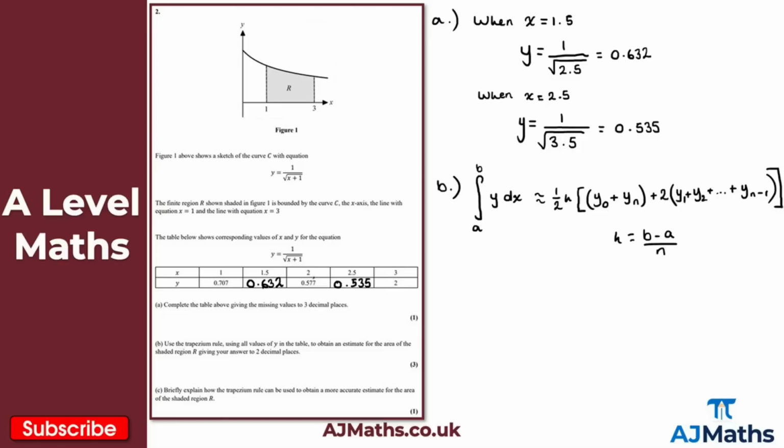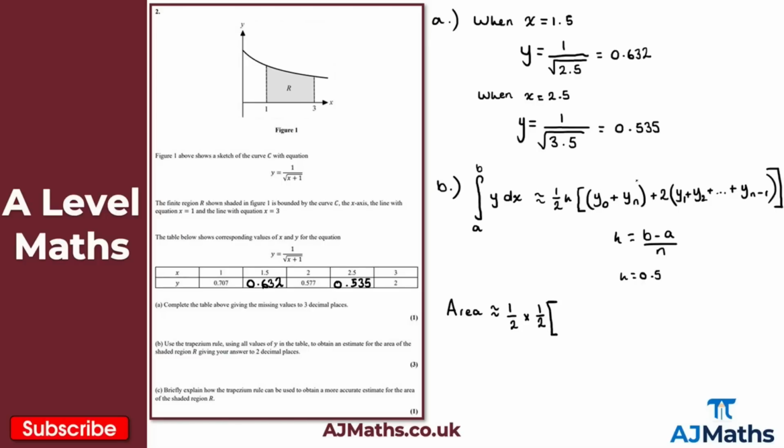We're increasing by 0.5 each time. Okay, so for our question here, h is 0.5. If we put all this together here then, the area then would be approximately 1/2 times h. So if h is 0.5 or 1/2, we've got 1/2 times by 1/2 again.